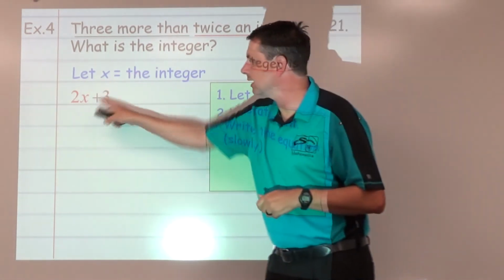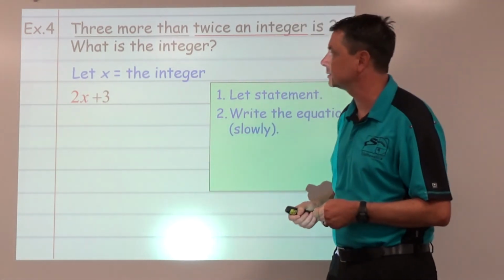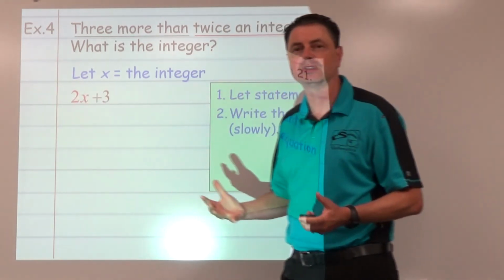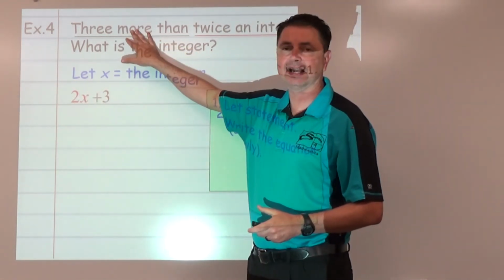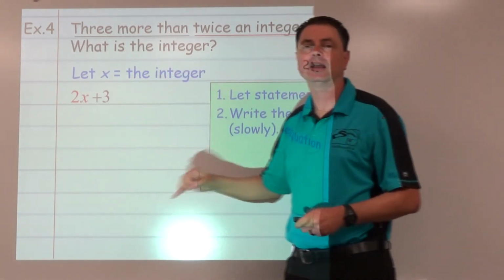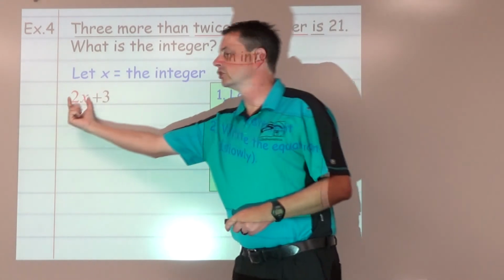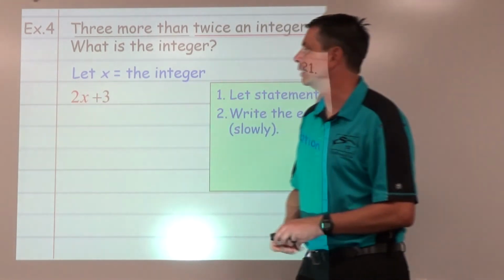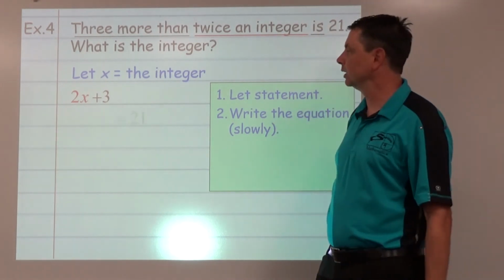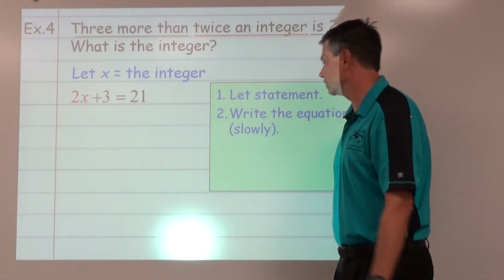So we're going to go plus 3 instead of 3 plus. Now if you had written 3 plus 2x, it would mean the same thing. However, if this had said less than, it doesn't mean the same thing. So let's just be consistent and always do it correctly. Multiplication part first, followed by the addition or subtraction. Equals 21. And there's our equation.